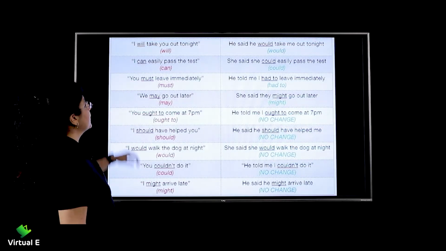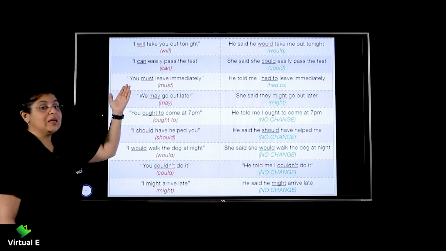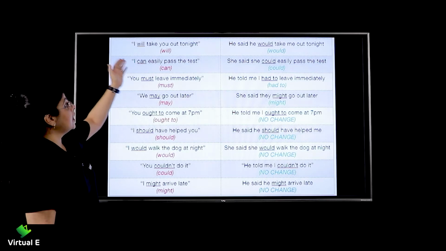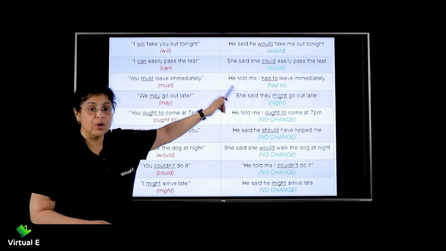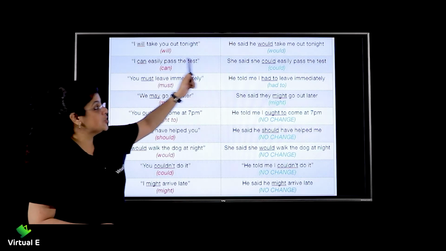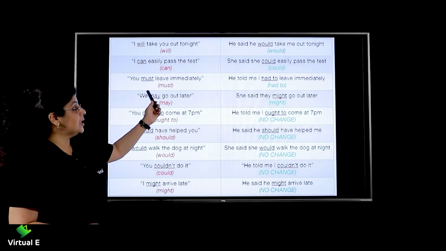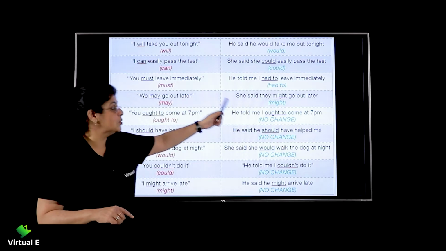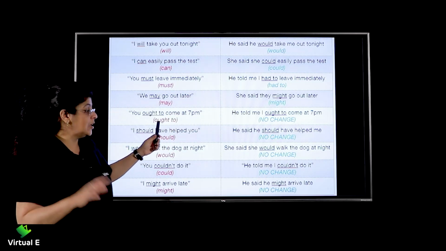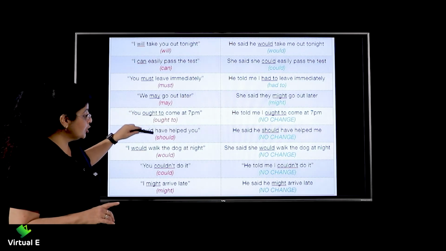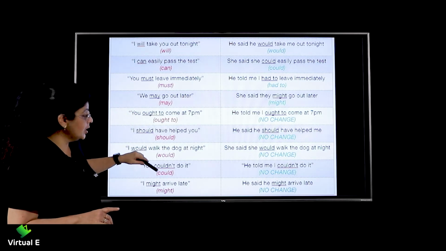Moving further. Now you have will, of course, the future. "I will take you out tonight." So will changes to would. Can changes to could. Must changes to had to. May to might. Ought to. Now see all these: ought to, should, would, could, might.